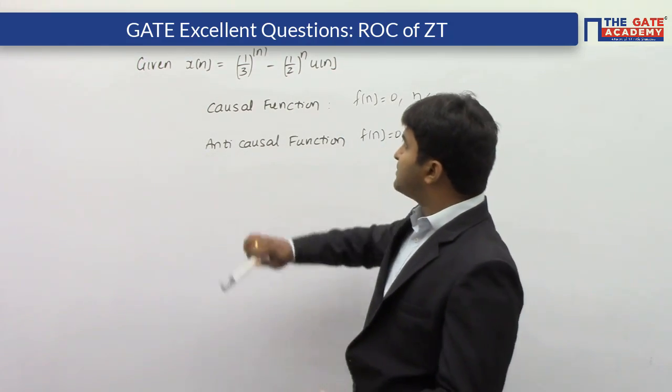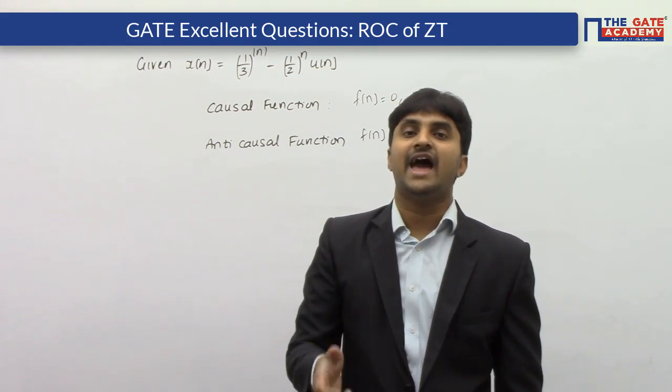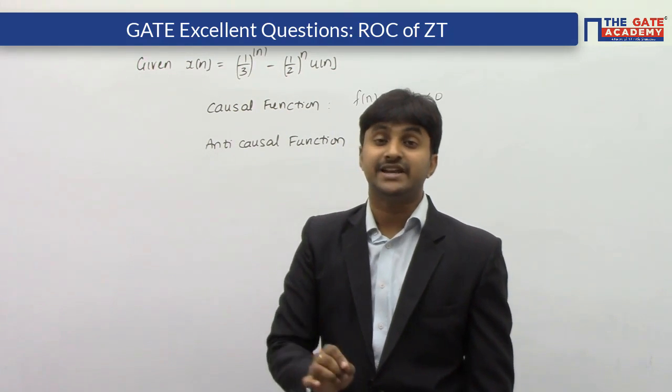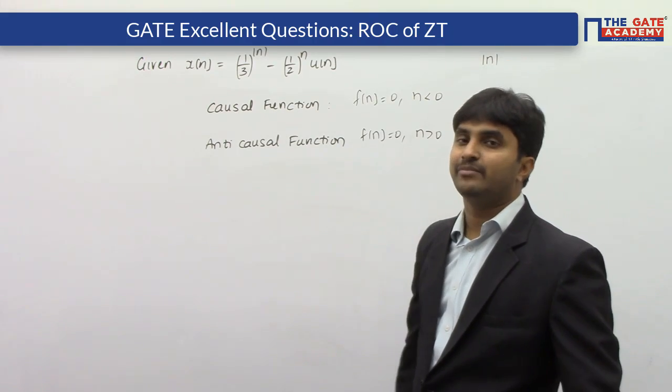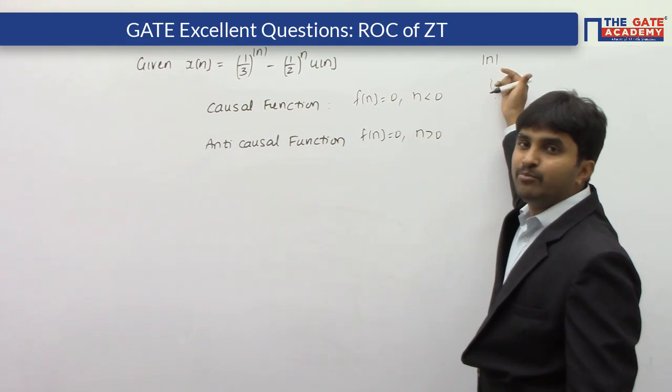So now the problem is how to interpret (1/3)^|n|, how to write it as causal and anti-causal parts. We should have the mathematical understanding of what |n| is.